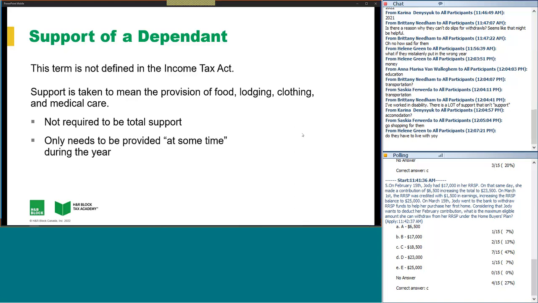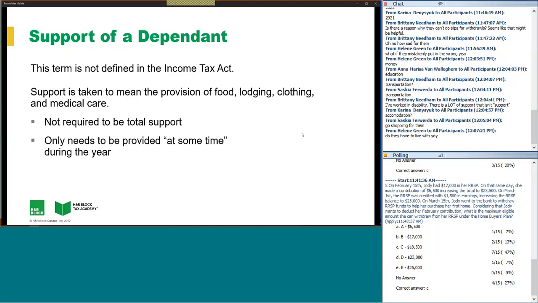So they might be in a long-term care home. It might be a disabled adult relative of yours, and you are helping them with their rent. So you are helping them with lodging, but not necessarily putting a roof over their head. But again, what you're going to find is it depends on the credit. So the credit might change the rules for you.